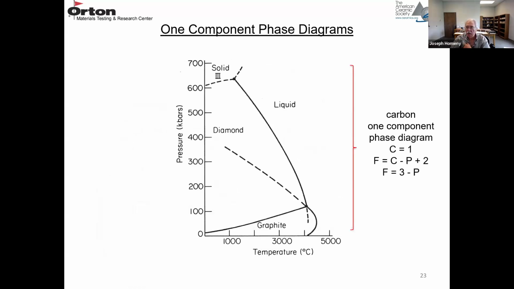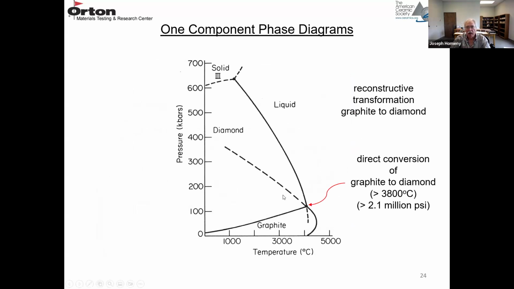And then the last one component phase diagram I have here is for carbon. Again, it's pressure versus temperature. You have a phase field for graphite and one for diamond, and then the liquid phase is over here. So F equals 3 minus P applies again to this one component system.